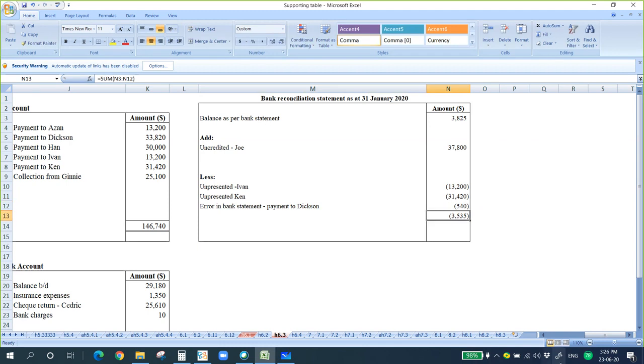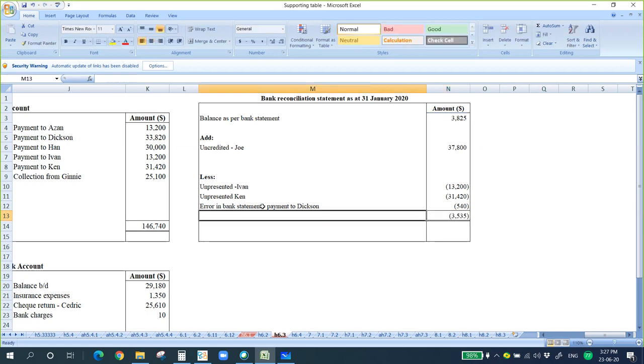And then we have the final amount. We use the balance as per bank statement, add uncredited check and minus the unpresented check and the error, we get 3535 in negative. This is what? Balance as per general ledger.